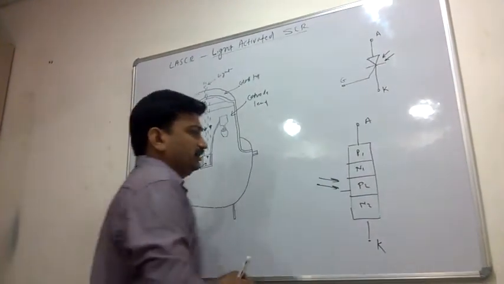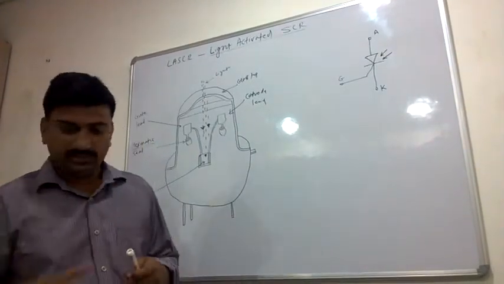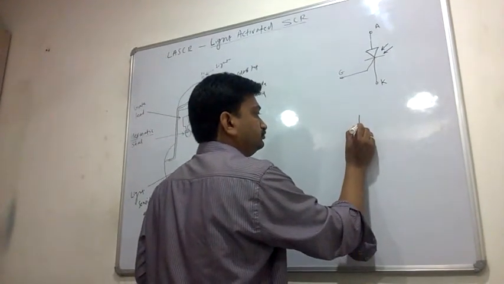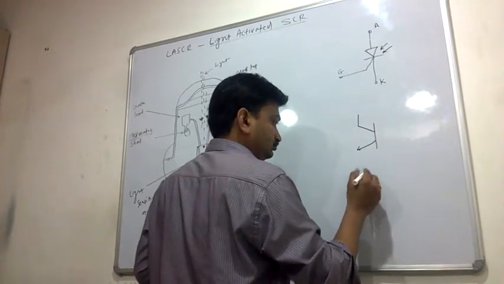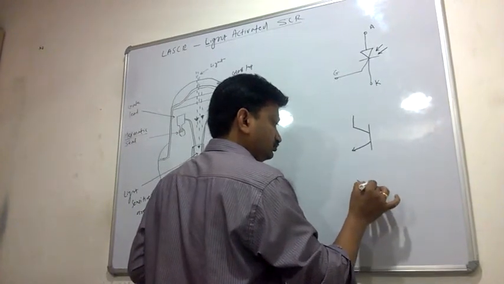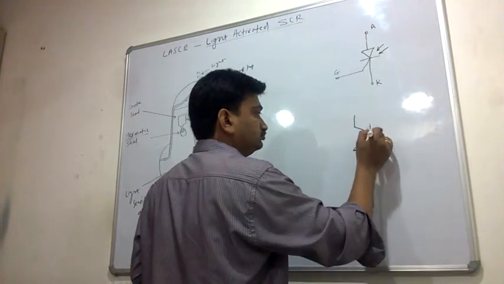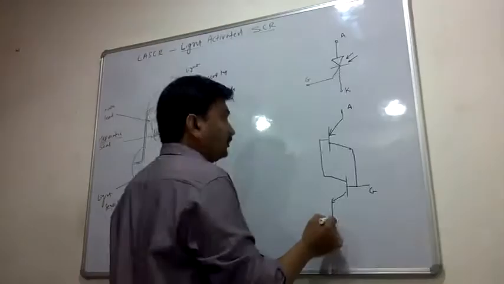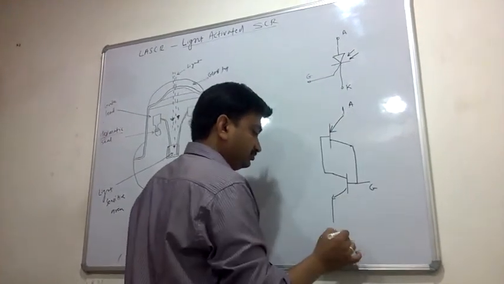We can use the two transistor analogy again. This is the two transistor analogy of the SCR, anode, cathode.